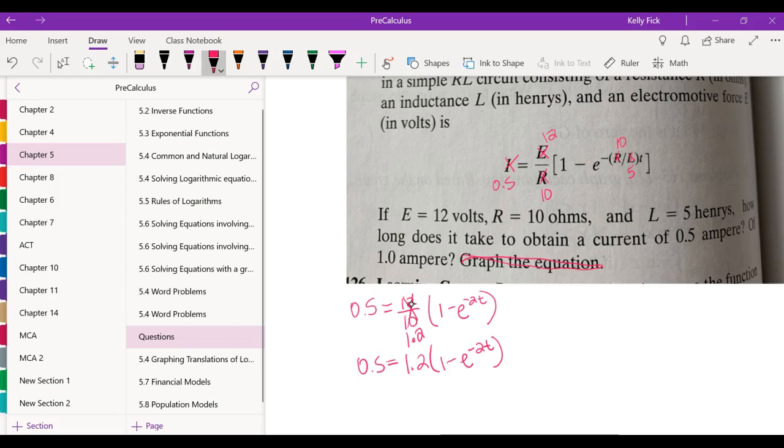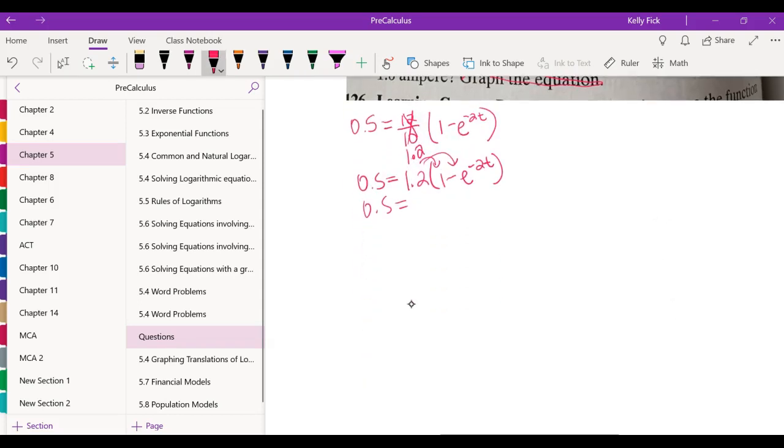I would distribute, so I have 0.5 equals 1.2 minus 1.2 E to the negative 2T. I would subtract 1.2 from each side, which is negative 0.7 equals negative 1.2 E to the negative 2T.